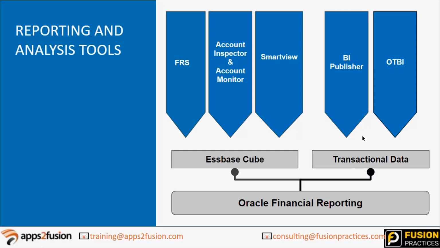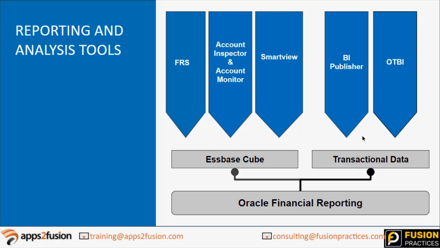The moment you load or enter a transaction in Oracle Fusion, it gets entered in our transactional database, which is nothing but your normal tables like your supplier table or invoice table, whatever tables we have. This becomes really easy for you to pick up because it is like EBS. Based on this database, we have 2 reporting tools, which are our OTBI reporting tool and BI Publisher reporting tool.